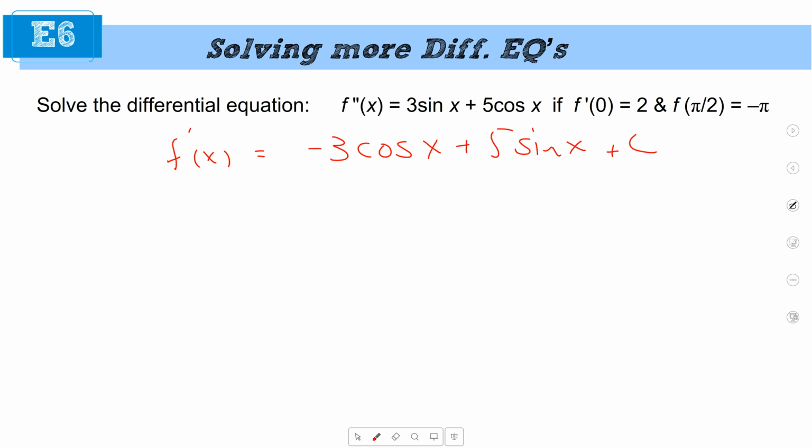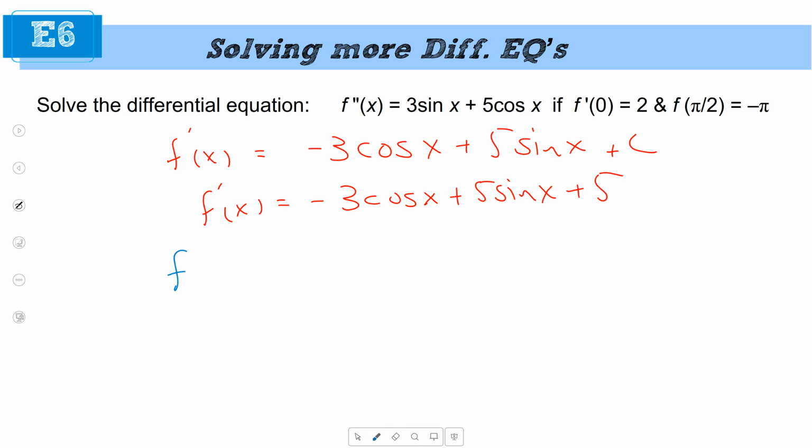So I'm assuming then you plug 0 in for x, 2 in for f prime of x, and solve to get c equal 5. Are we all good with c being equal to 5 here? Okay. So f prime of x is equal to negative 3 cosine of x plus 5 sine of x plus 5. Changing colors. Keep going, Emily.